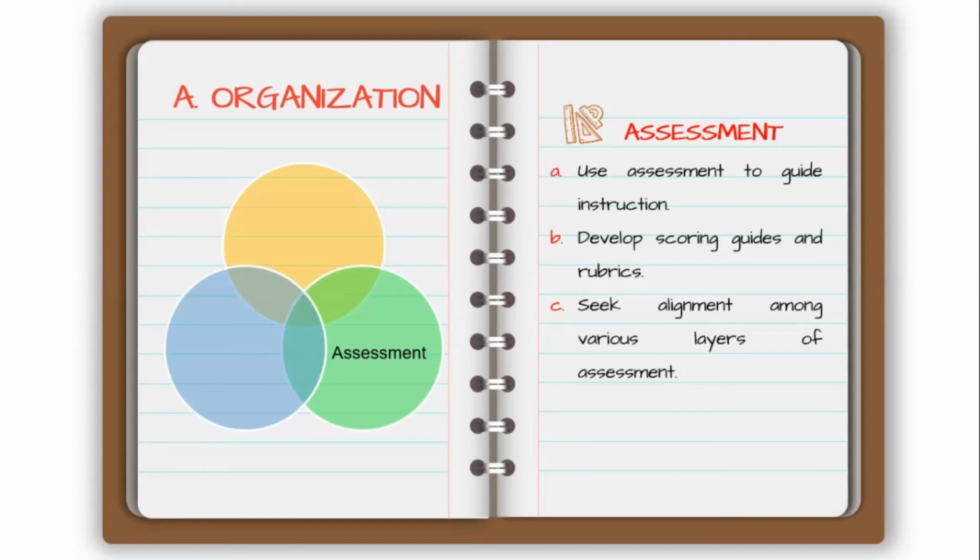How will we know when each student has learned it? So the assessment factor deals with the records of performances and our expected output. As a teacher, we have to set the scoring guides and rubrics to assess our students' progress.